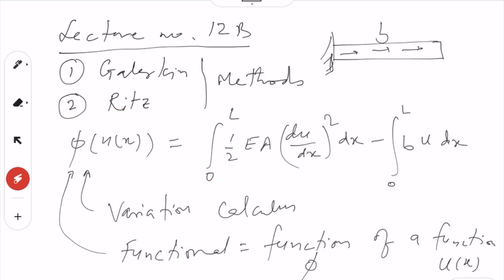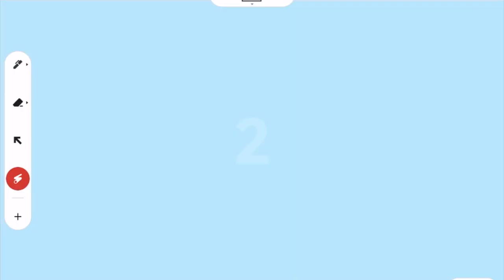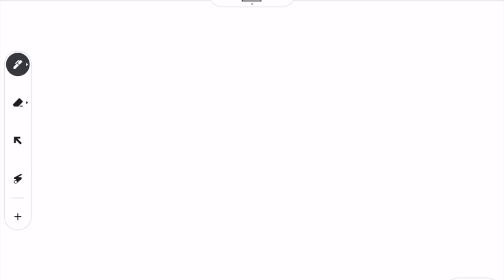Now, we know that the solution u of this functional is the one which minimizes this functional. So let us say your solution, or approximate solution, is u(x).